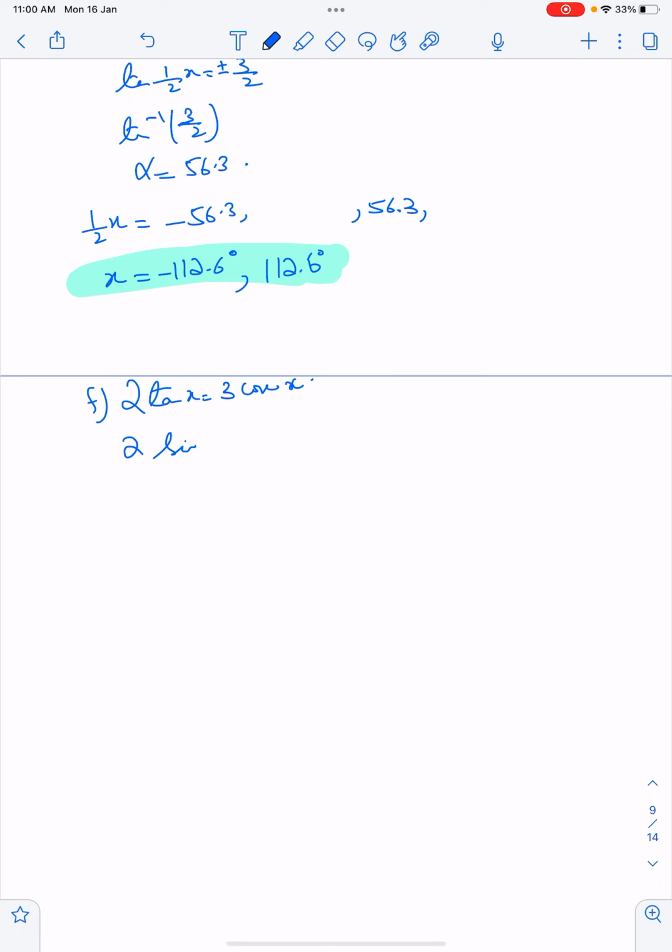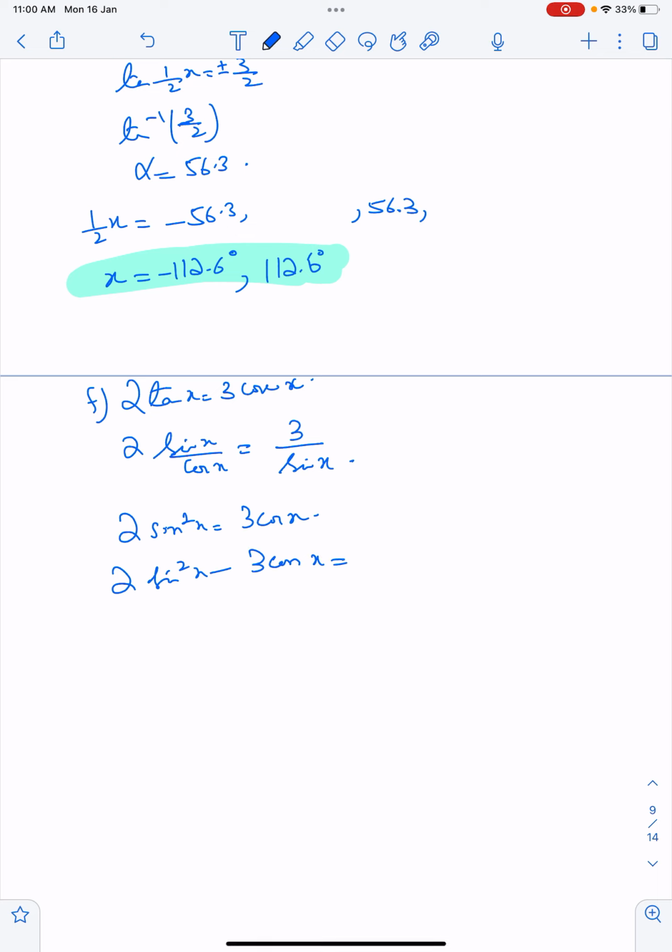Tan x is sin x upon cos x, and cosec x is the reciprocal of sin x, so 3 upon sin x here. Cross multiplying will give us 2 sin square x equals 3 cos x. Now shifting both of them to one side, 2 sin square x minus 3 cos x equals 0.